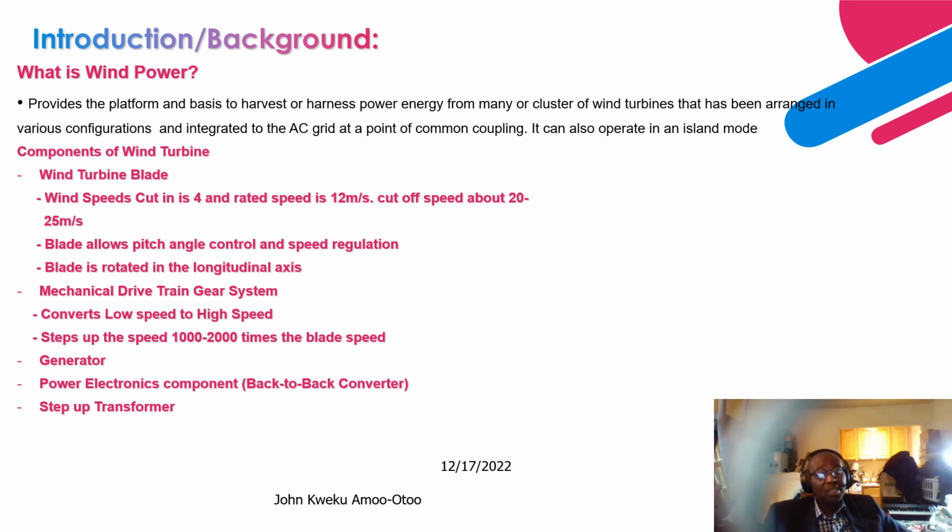Then this DC power is stored on a DC link that has an embedded capacitor that stores the charges to maintain the DC voltage. On the other side, the grid side converter's purpose is to invert the DC power back to AC power before it is integrated to the AC grid.